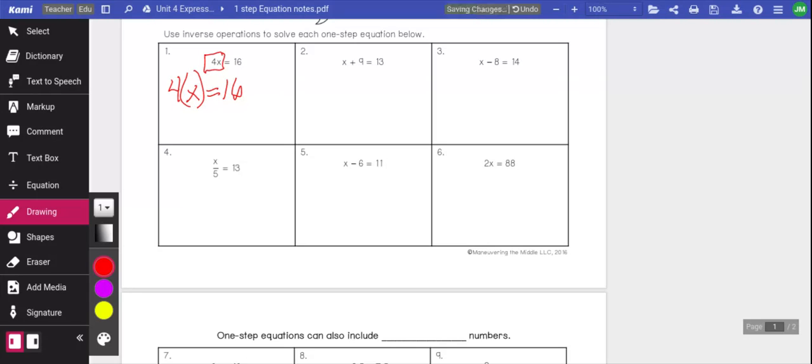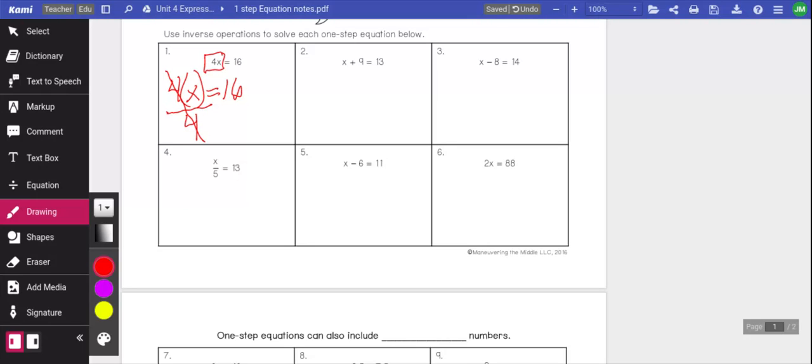Okay, so if I want to undo this operation, I am going to have to divide, like we discussed before. The multiplication problem gets undone by dividing. Okay, I need to divide by the number that is next to the variable so that I isolate x all by itself. Okay, so 4 divided by 4 cancels it out and just leaves x.